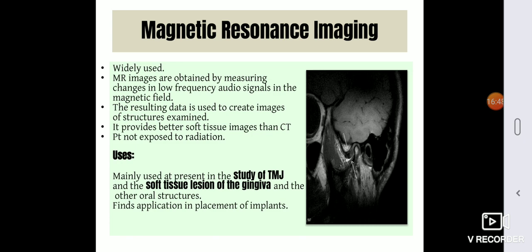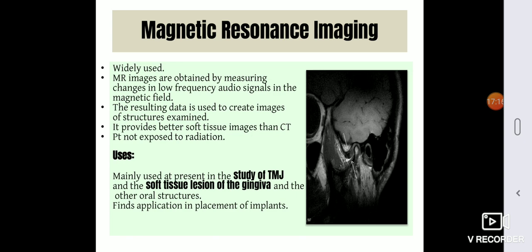So next is the magnetic resonance imaging. Now, this has found wide application in recent times. The MRI images are obtained by measuring the changes in the low frequency audio signals in the magnetic field. The resulting data is used to create images of the structures which we intend to examine, and it provides a better soft tissue image when compared to the computed tomography.